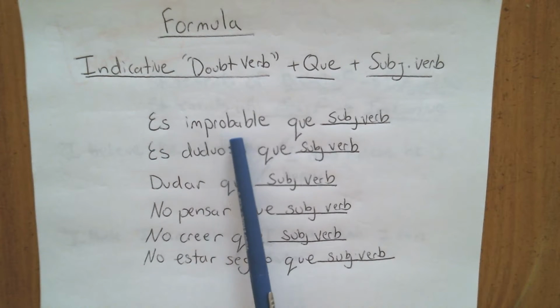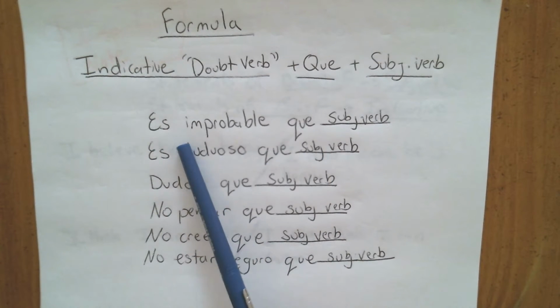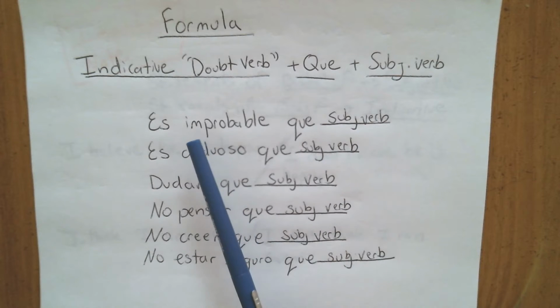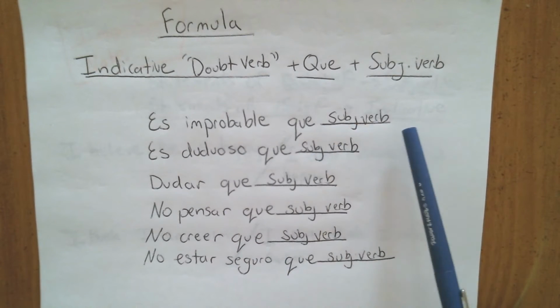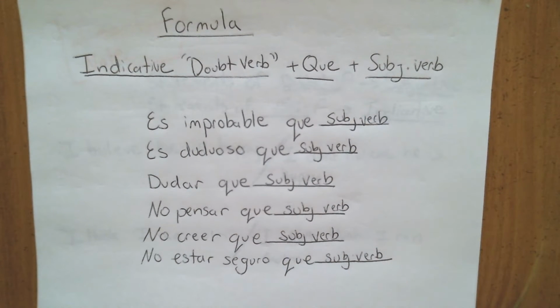Es improbable que. It's improbable that. If you're saying it's improbable that, whatever verb you're talking about is going to be in the subjunctive, because the phrase it's unlikely or it's improbable is calling that verb into question. And remember, if you have a verb that you're calling into question or casting doubt over, you always use the subjunctive.